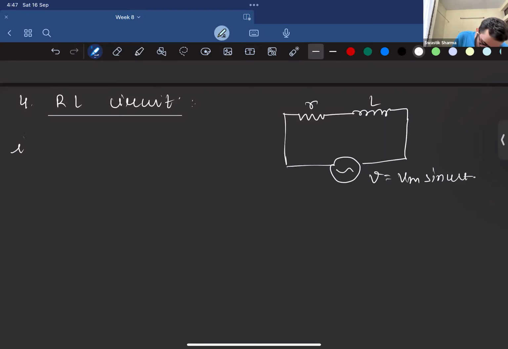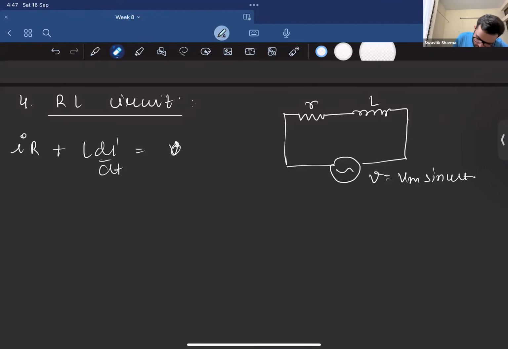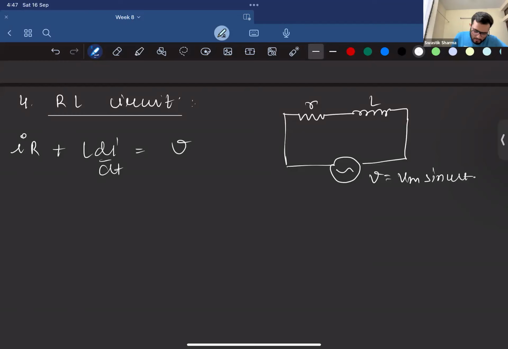So what is this going to be? I into R plus L dI by dt is going to be V, right? Now let's take I as Im sin omega t. Let's take I as a sinusoidal current.